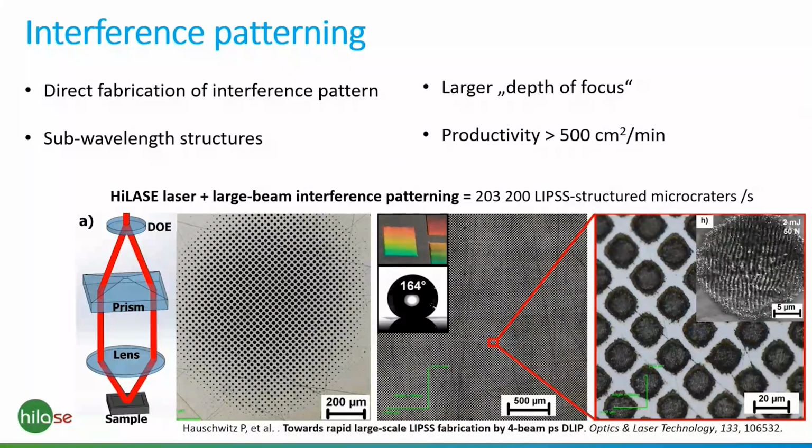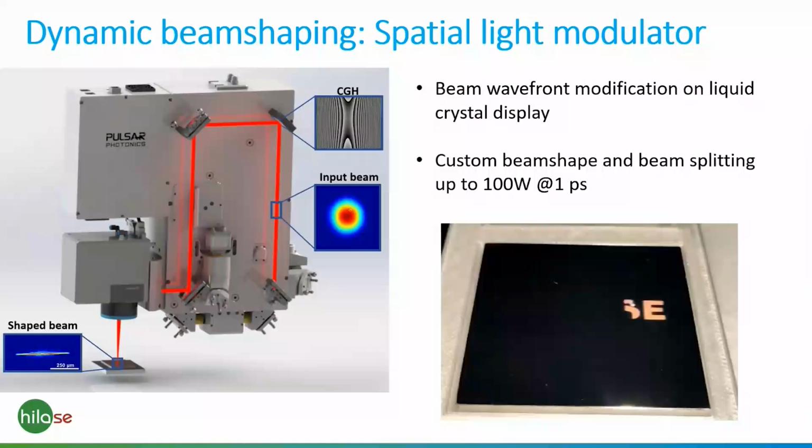For example, over the previous method, we can change the pattern either by the number of beams, but also by moving this prism up and down, we can easily tune the angle and thus the periodicity of the interference pattern without realigning the setup. But we can also reach much smaller structures below the diffraction limit of common processing optics. So this is also very nice technology.